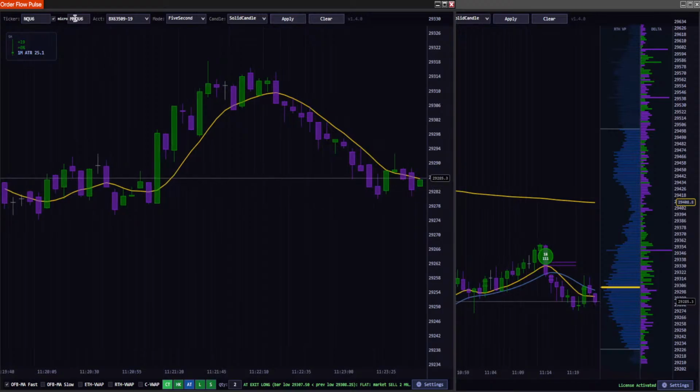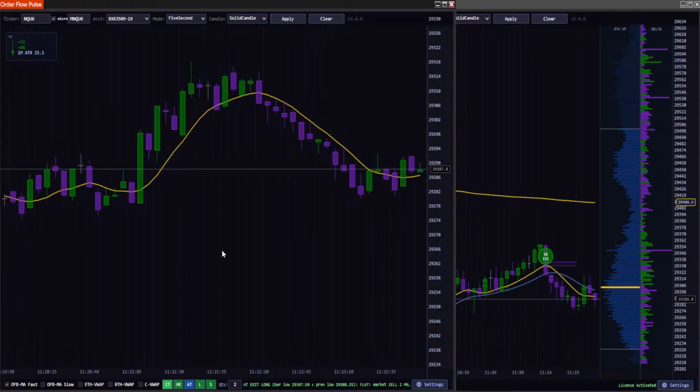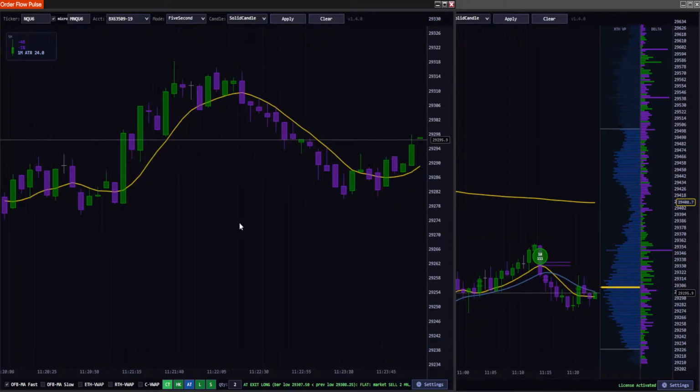We made our profit, and then I just switched over to the micros just to keep trading. The auto trader made a couple of trades. I've been doing better manually than auto trading, so it is what it is.